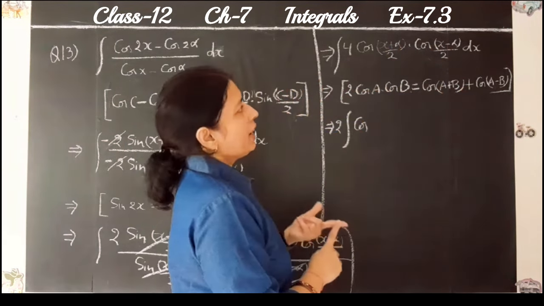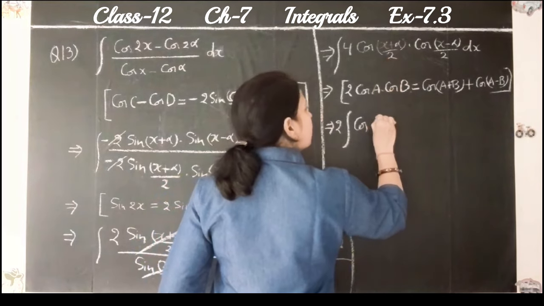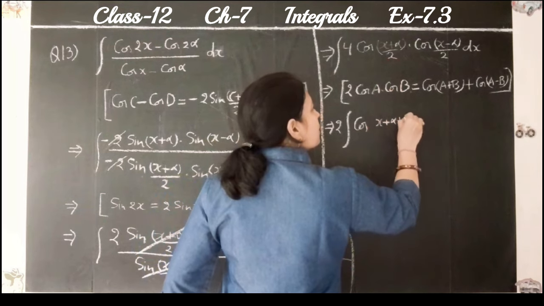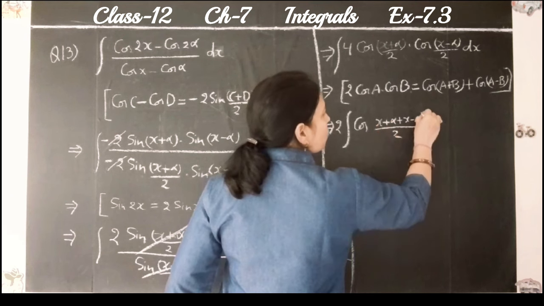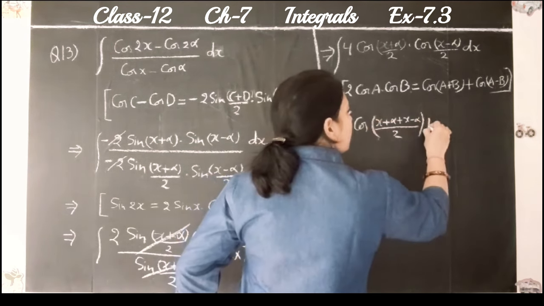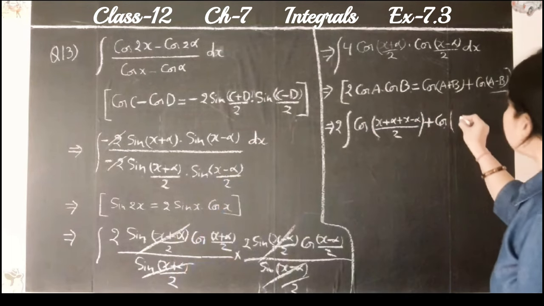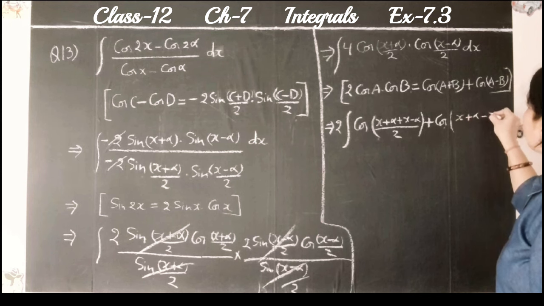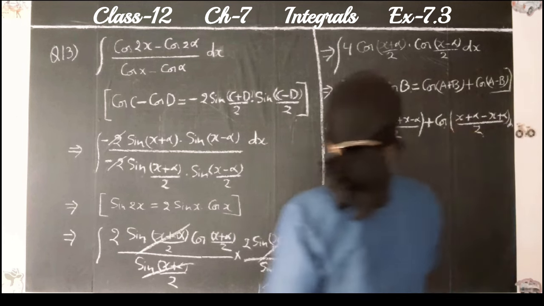So what will be A plus B? A plus B will be right here (x plus alpha plus x minus alpha) divided by 2, plus cos (A minus B). What will be cos (A minus B)? It will be (x plus alpha minus x plus alpha) divided by 2, right here dx.